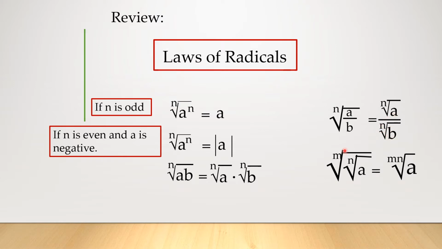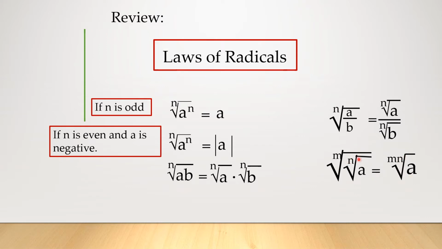And here, look at this one. We have double radicals here. So it means the mth root of the nth root of A. You can simplify that by multiplying m times n. That would be the index, whatever the product.